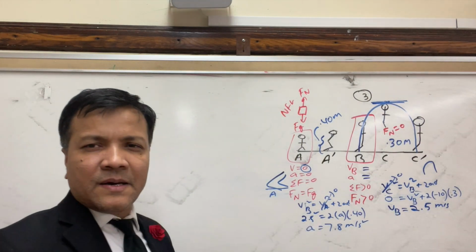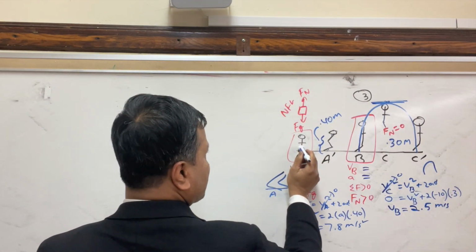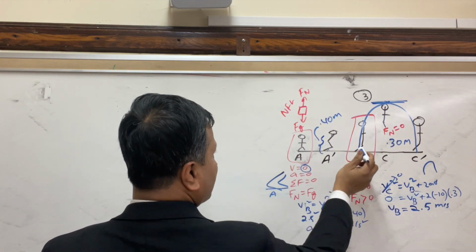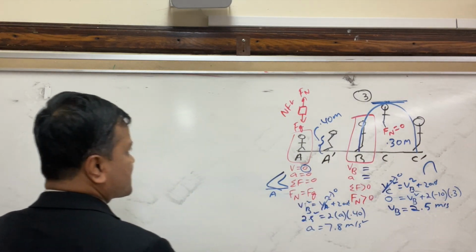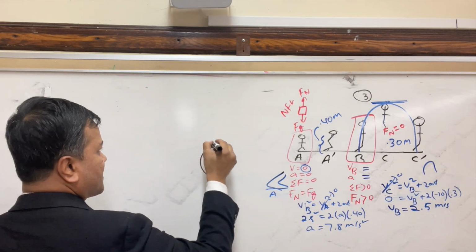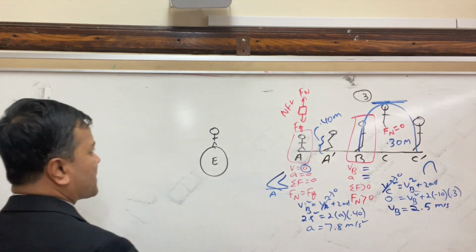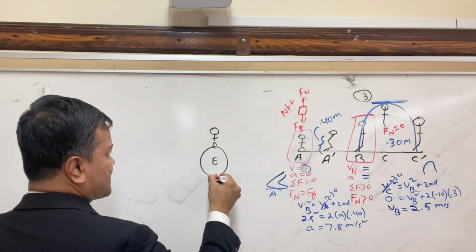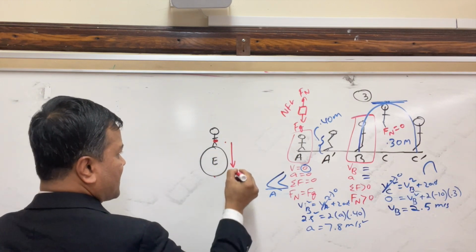All right. Now what we're going to do, we're going to show Newton's third law over here at A and B. So let's first start with A. So this is our Earth, and this is Mr. Barry. So Newton's third law, what happened over here is we're going to call this one, this one, this one.